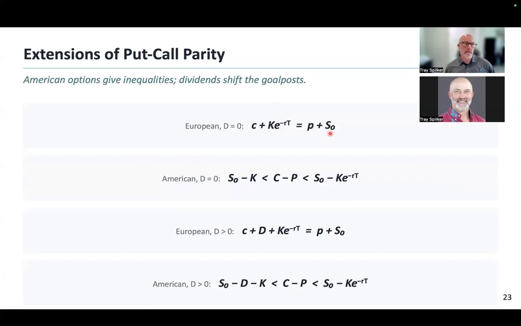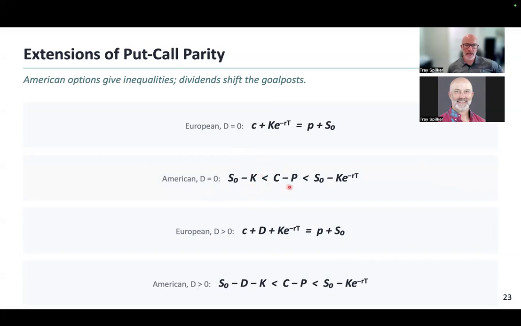The American style option that pays no dividends modifies this equation this way. A little bit ugly here, but it's just a rearrangement of the equation, because we have to account for the fact that in the case of a call option, we're not going to exercise it early when it pays no dividend, hence we're not taking the present value of the strike price.